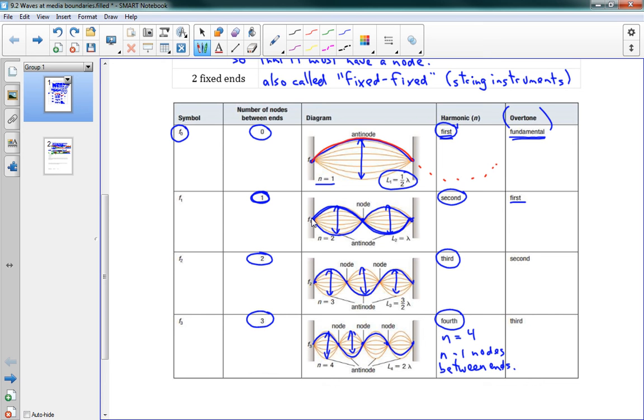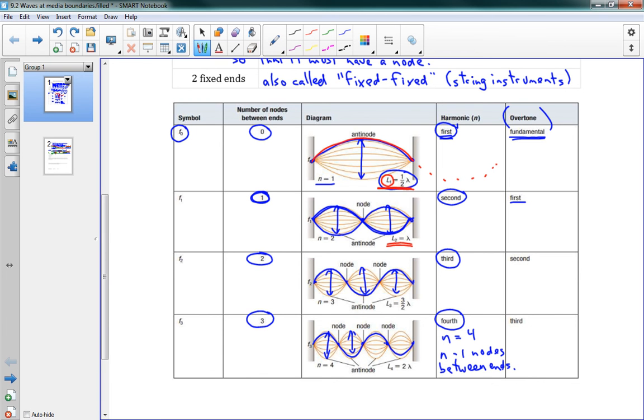Okay? And so that's what this equation down here is saying. It says L1 is equal to 1/2 of lambda. So if my wavelength here is twice as long as the string, then you can see that the string length is half of the wavelength. And now on the next one here, you can see L2, so the length for our second harmonic, is one full wavelength.